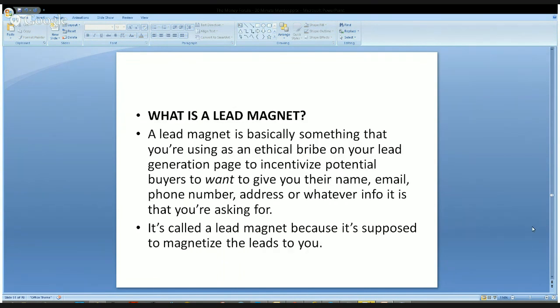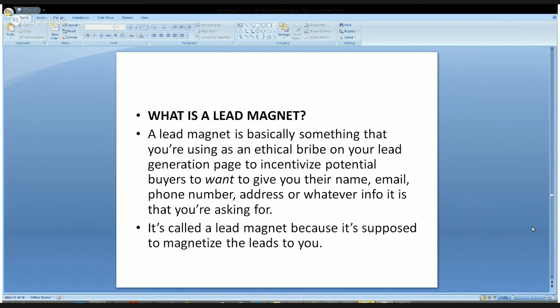So what is a lead magnet? Well, a lead magnet is basically something that you're using as an ethical bribe on your lead generation page to incentivize potential buyers to want to give you their name, email, phone number, address, or whatever info it is that you're asking for. What you've got to remember is the more you ask for, the greater the bribe has to be.